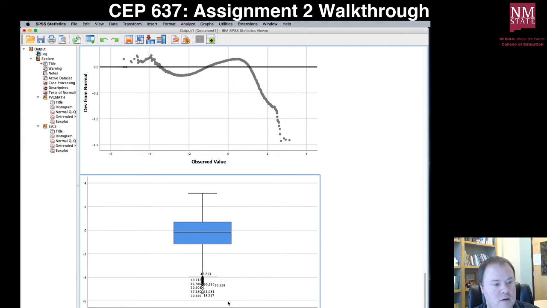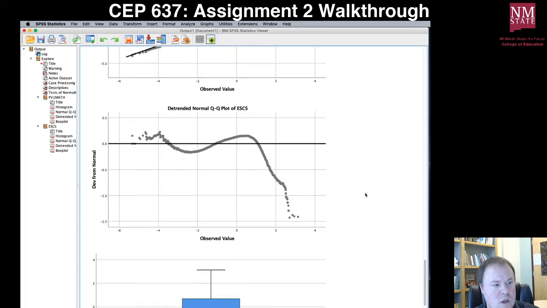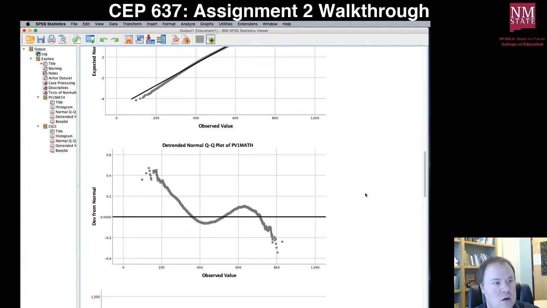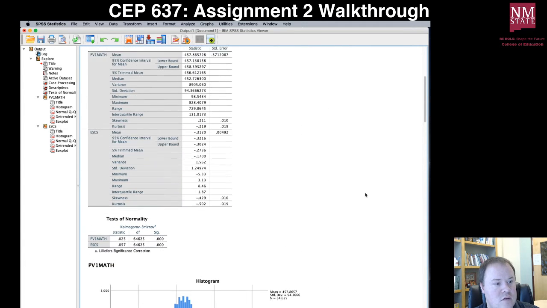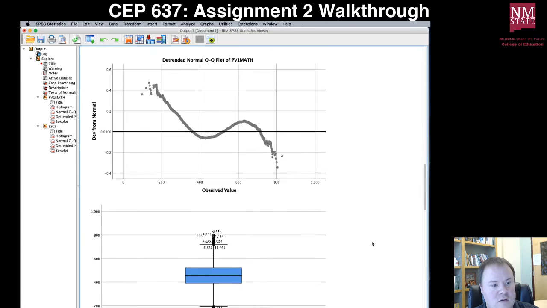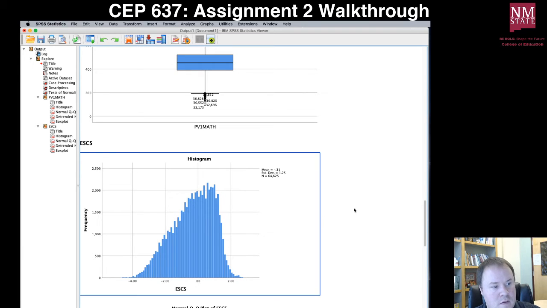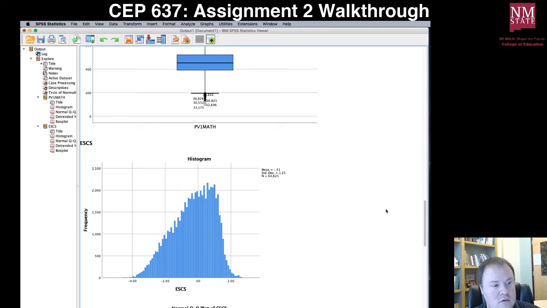And you see from the box plot that there are some outliers on the left side, on the lower end of the scale, which are going to be these down here. That's potentially an issue. And if we scroll back up, let's just check that again. The skewness and kurtosis values look well within range. So it's potentially a problem that SES is a little skewed to the left.